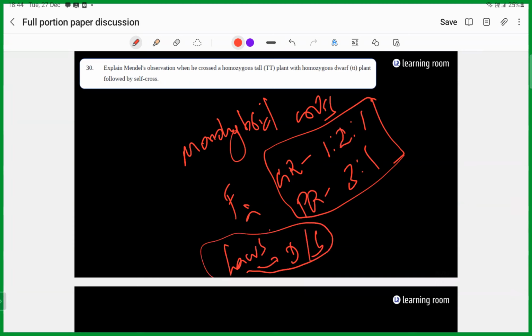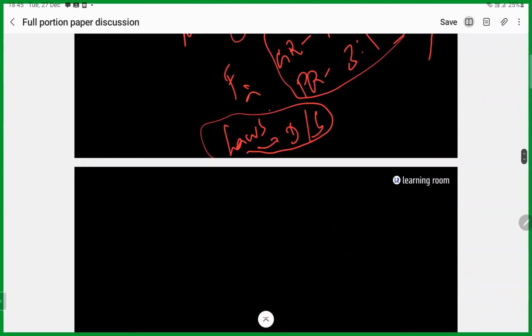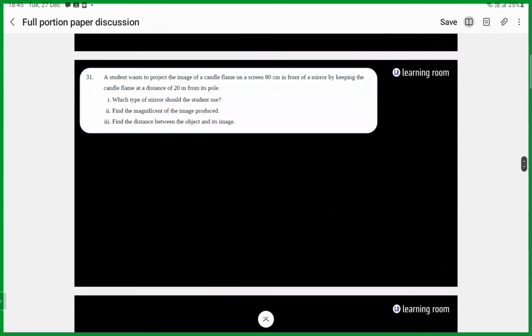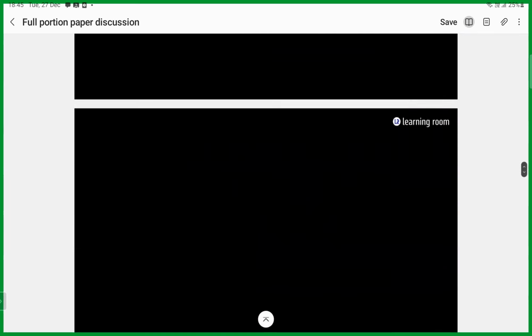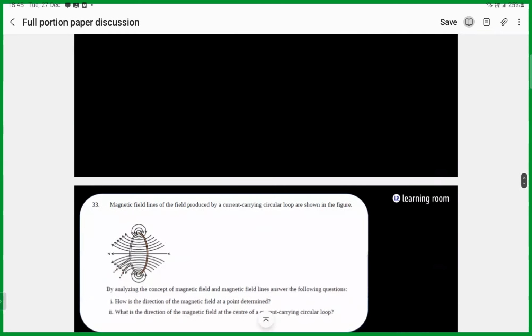Is it clear that for the result of a monohybrid cross, the genotypic and phenotypic ratios and the Punnett square are enough? Almost in all of the tests you are getting the monohybrid cross question. You have mastered working out monohybrid cross, all of you.